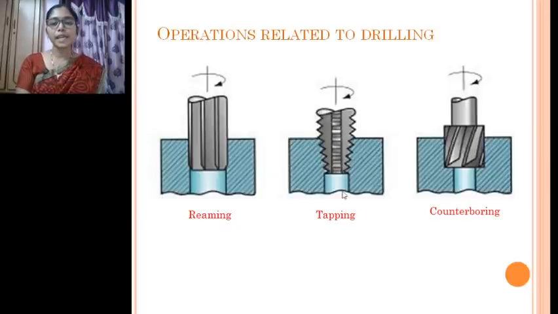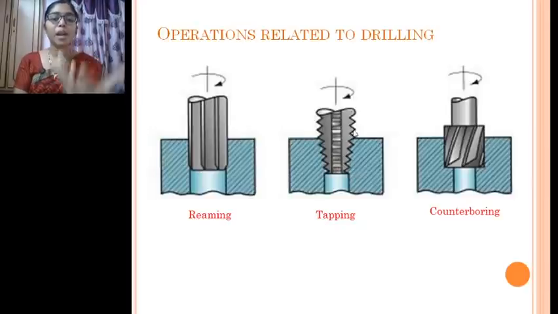So that is the difference between a reaming operation and a boring operation. Now, the second type of operation in drilling is the tapping operation. This is a tapping tool where the cutting edges, you can see, are in a zigzag manner. If you observe each edge particularly, it resembles a threading tool.